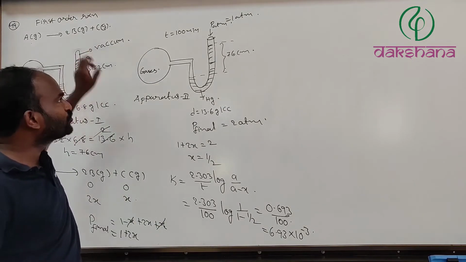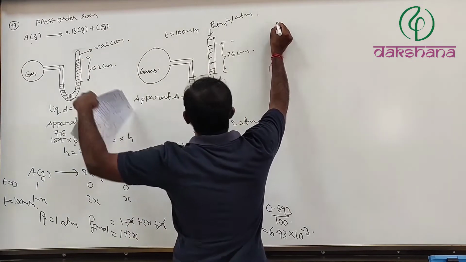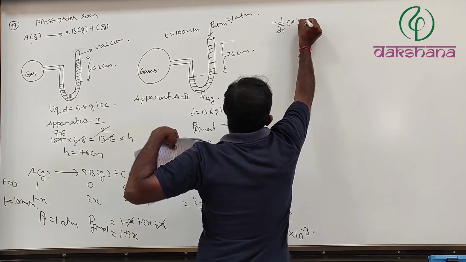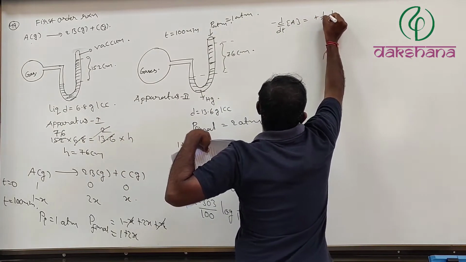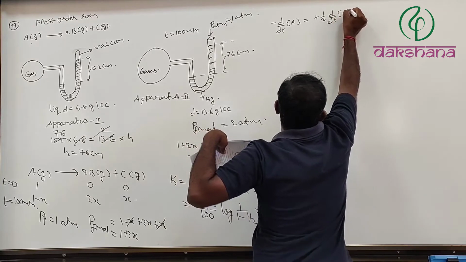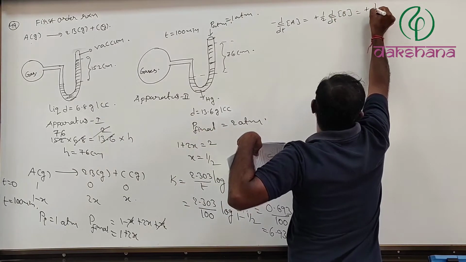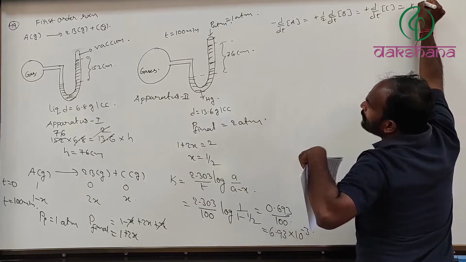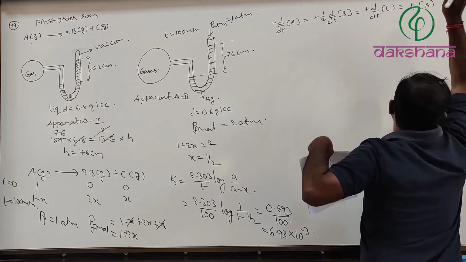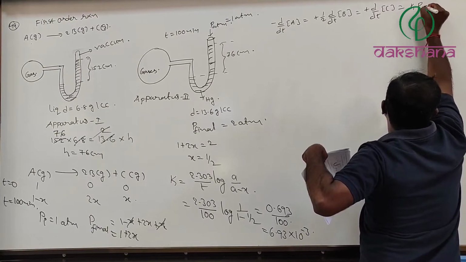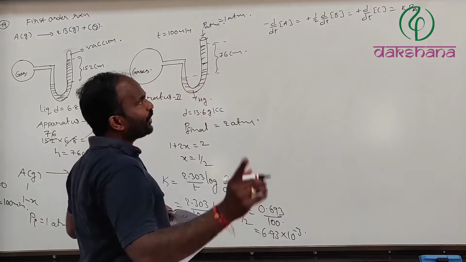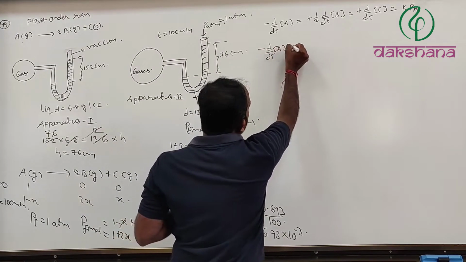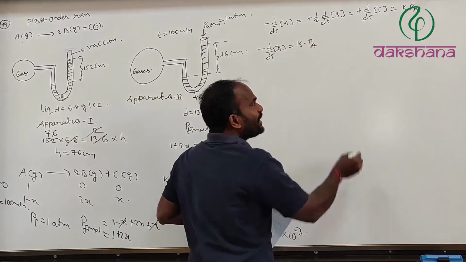Therefore, as we all know, minus d by dt of concentration of A is equal to plus 1 by 2 into d by dt of concentration of B, that is equal to plus d by dt of concentration of C, that is equal to K into concentration of A power n1, or partial pressure of A. Now, minus d by dt of concentration of A is equal to K into partial pressure of A, no issue at all.